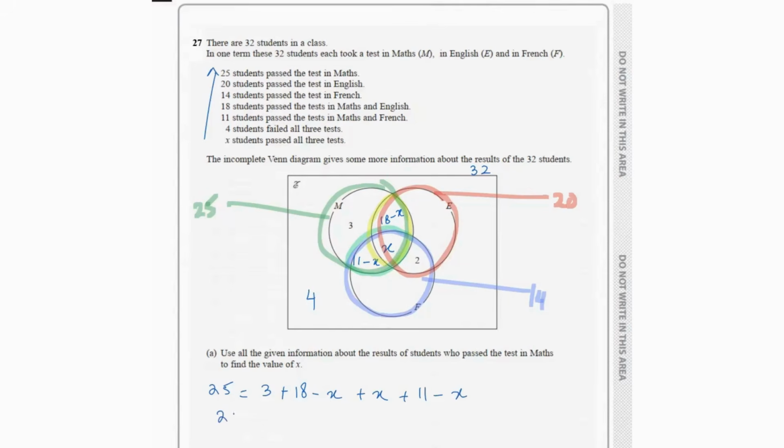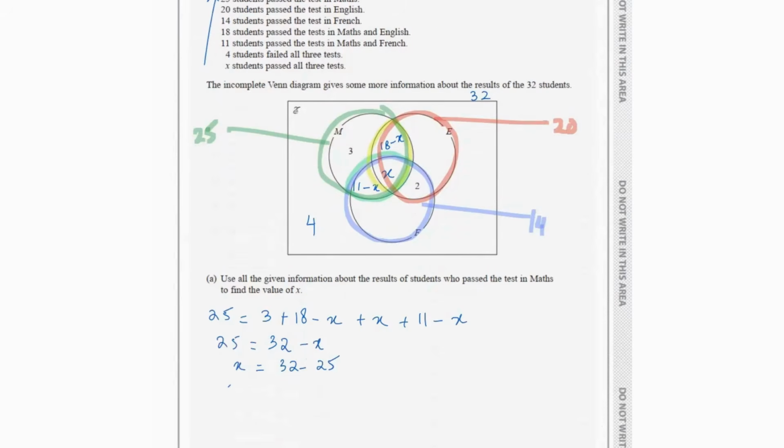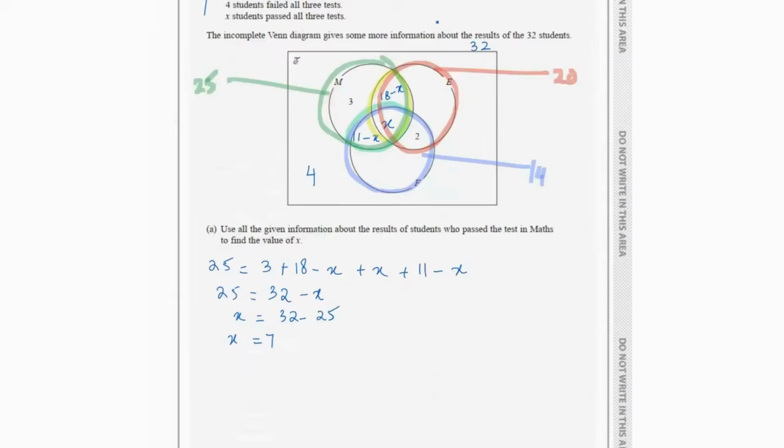Collect the like terms: 32 minus x. X is going to be 32 minus 25. That's 7. So x is 7.